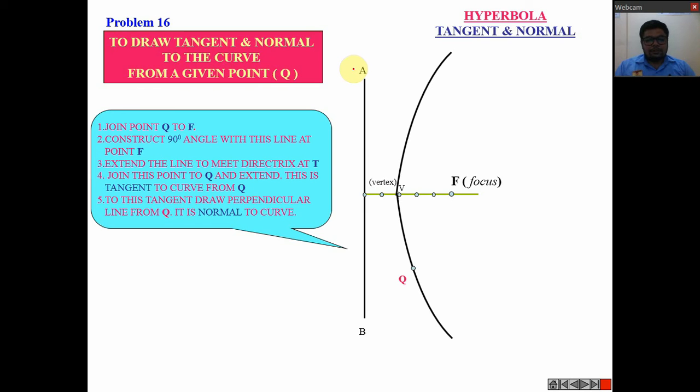That point is suppose Q. So first we have to connect with the focus point F, then take the 90-degree angle. From that draw a line, and then you will get an intersecting point. That line is intersecting somewhere here on the directrix AB.